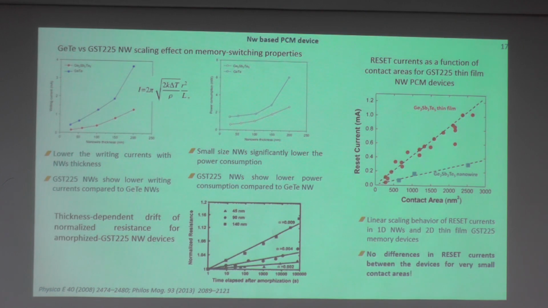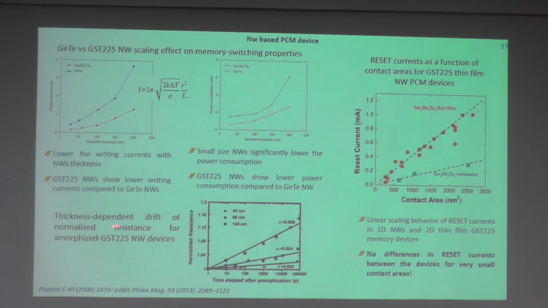So you can also think, if you produce a very thin film, let's say 20 or 30 nanometers, and look at it in one direction, it can be represented like a nanowire. So with the reduction of thin film size, we can also get similar reset current properties as for nanowires.